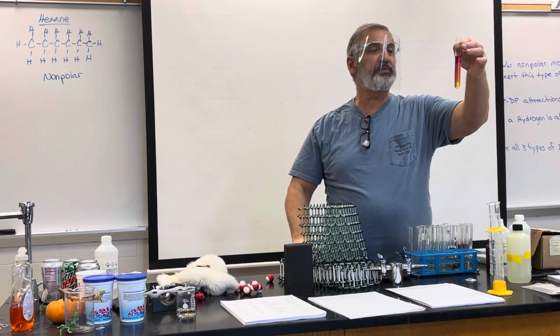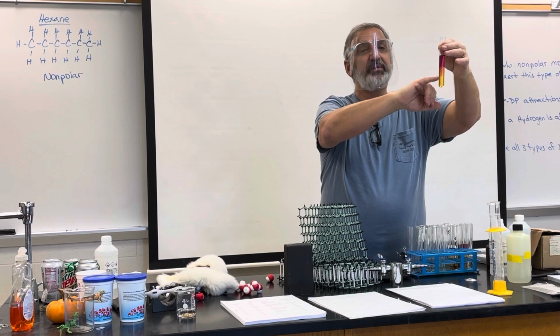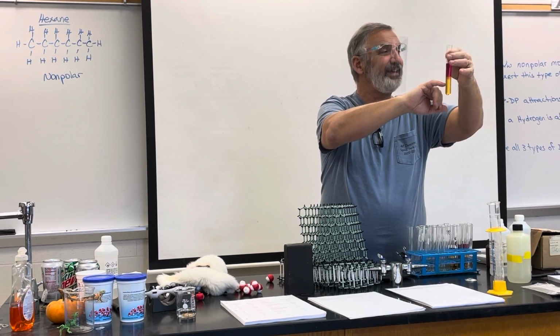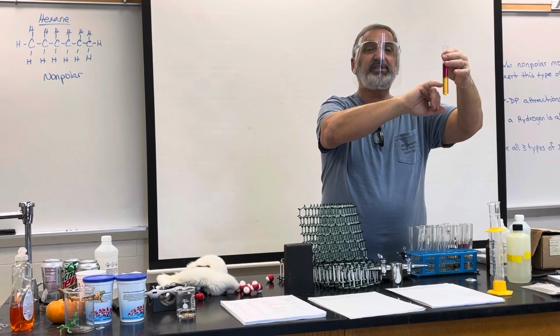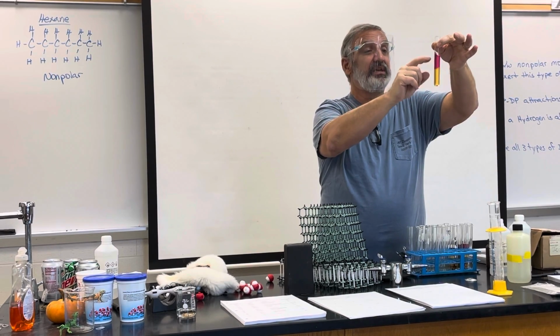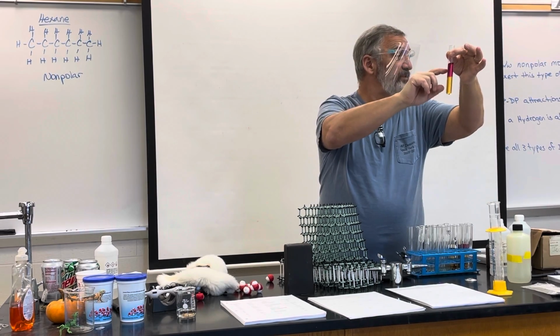It's not going to be complete, but notice now that down here in this water layer, there's more of a yellowish and it can go even more brown. The alcohol is allowing some of the iodine to dissolve into the water. And it's actually allowing some of the water, notice it's less purple up here now because some of the water and alcohol are dissolved in this as well.